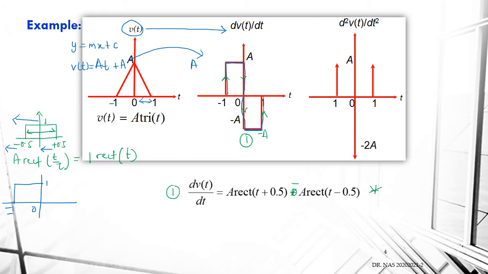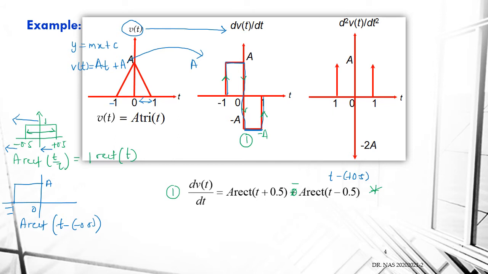The amplitude is still 1, or in this case, the amplitude is A. So that's why you get A rect(t + 0.5) for the signal shifted to the left, minus, on the right hand side, A rect(t - 0.5), the signal being shifted to the right by 0.5.